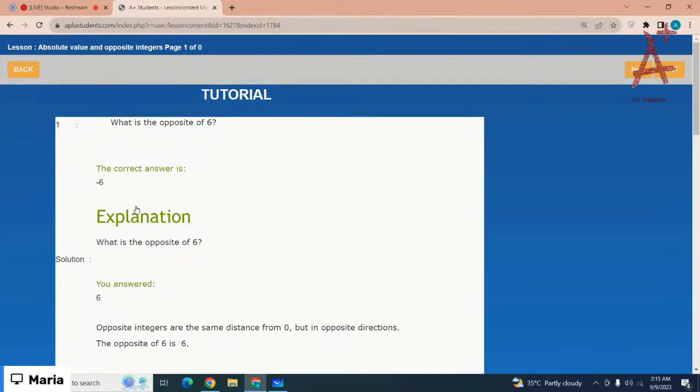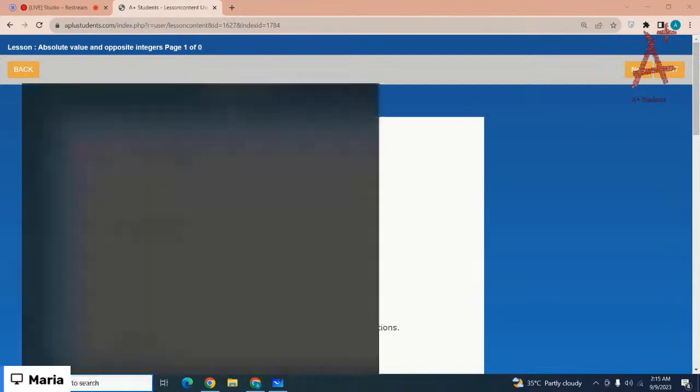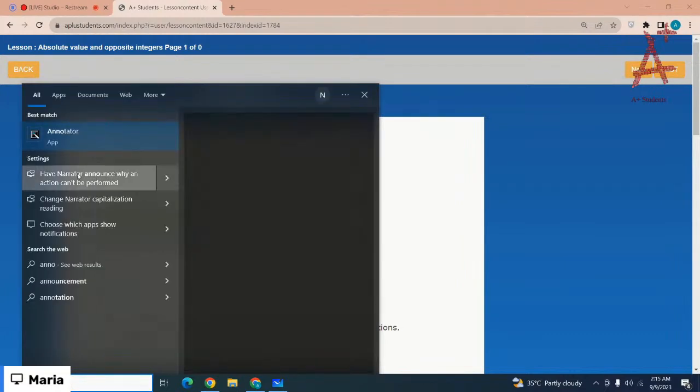Okay, let's just look at the examples. What is the opposite of 6? Opposite means the integer that is the same distance from 0 but in the opposite direction. For example, you are given the negative 6, so you can understand it like this.